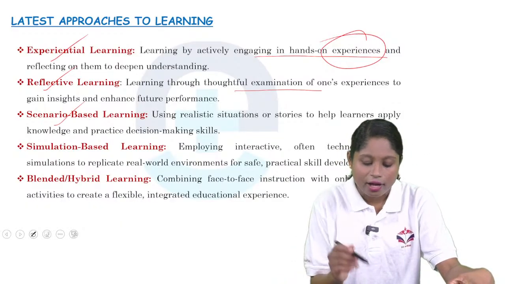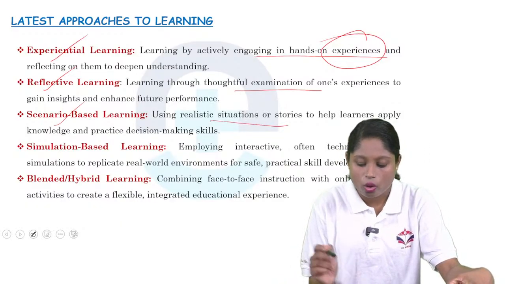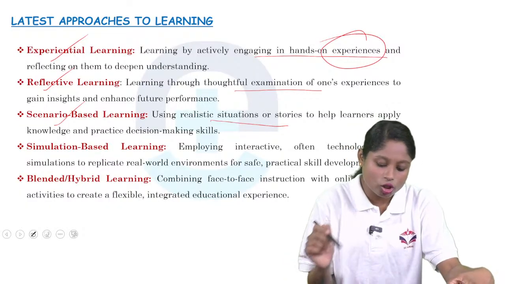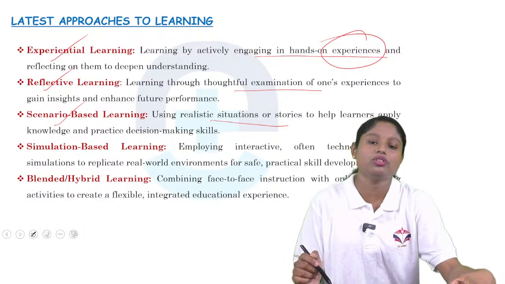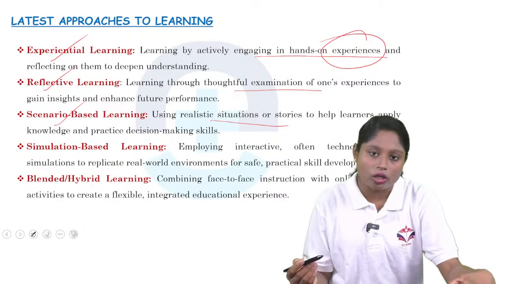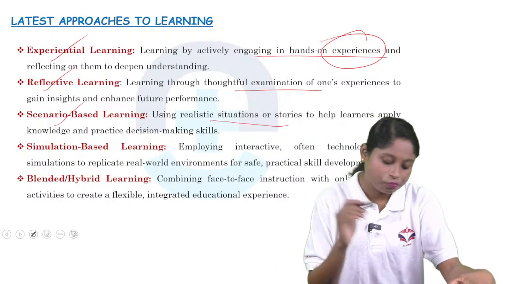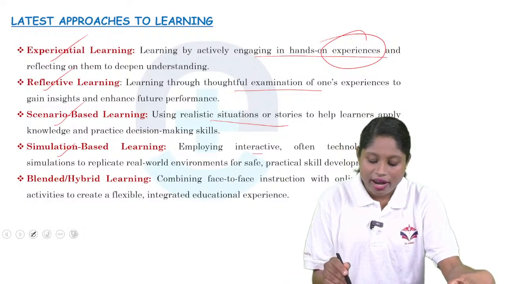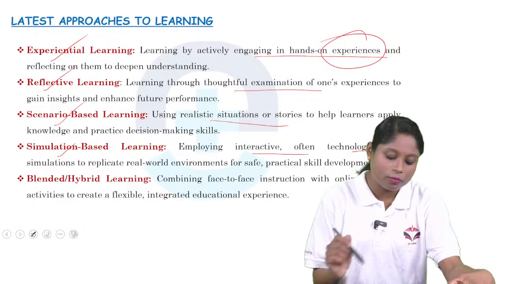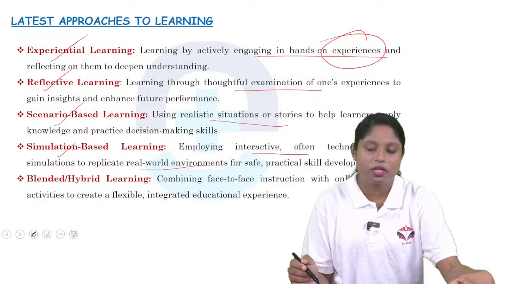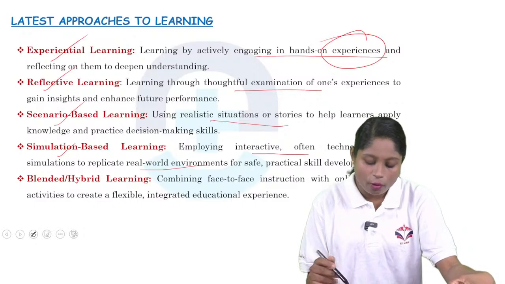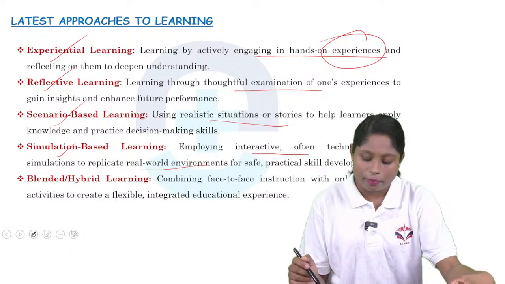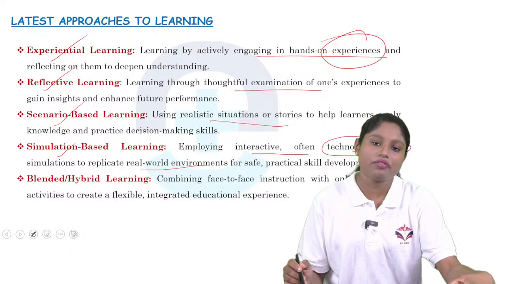Scenario-based learning: using realistic situations or stories to help learners apply knowledge and practice decision making. So we are using a situation to get the knowledge, real life incidents. Next is simulation-based learning: employing interactive, often technology-driven simulations to replicate real-world experiences and environments for safe practical skill development. So we are using technology-driven methods.